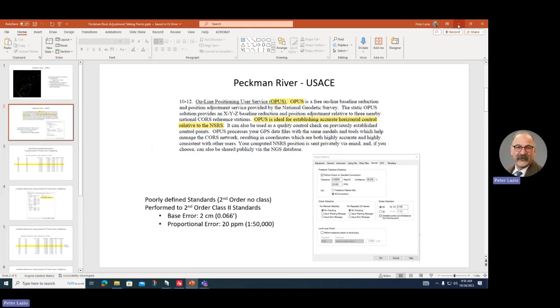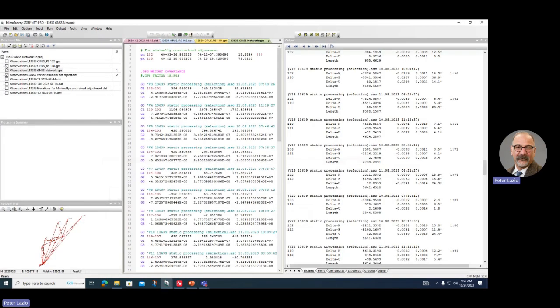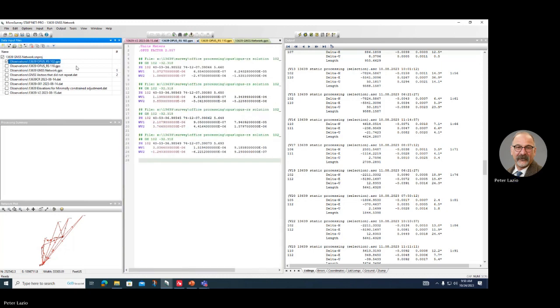Okay, so let's start running the adjustment. I have my OPUS RS on point 102.